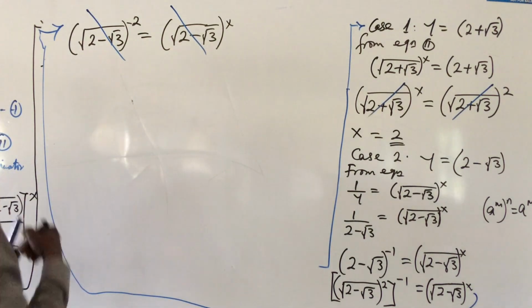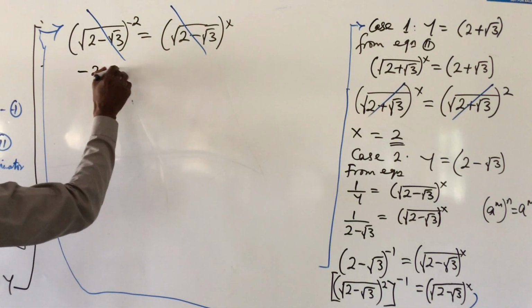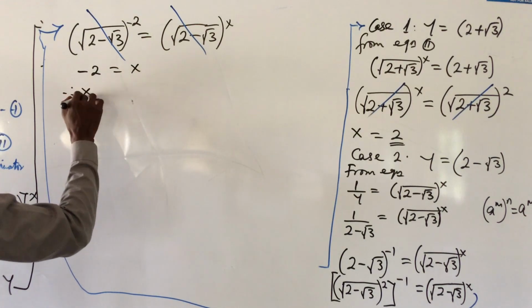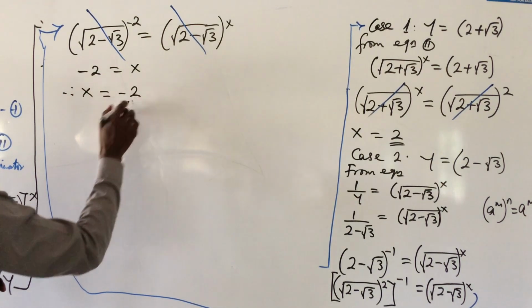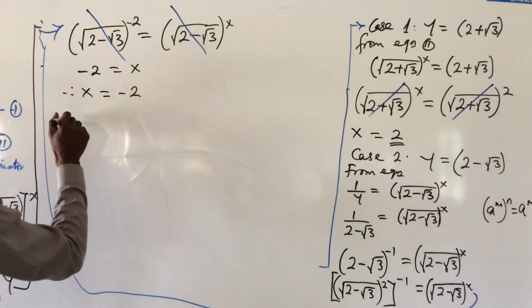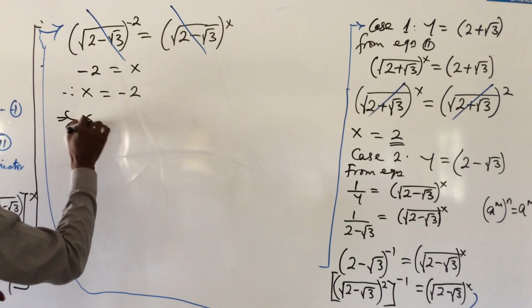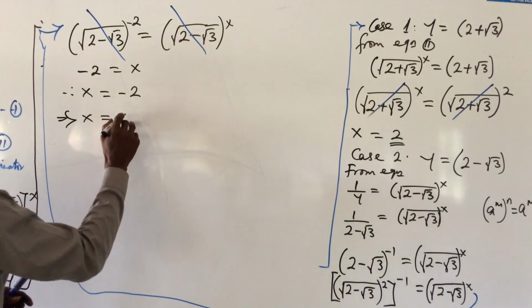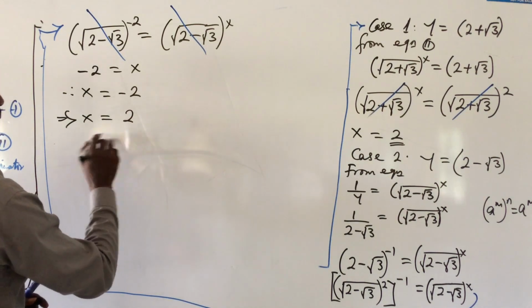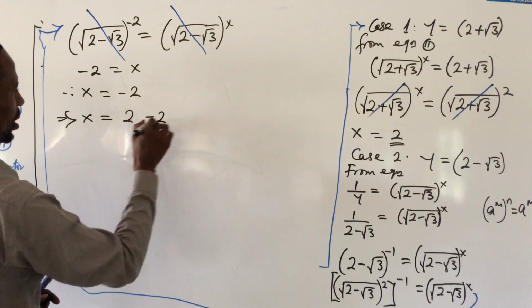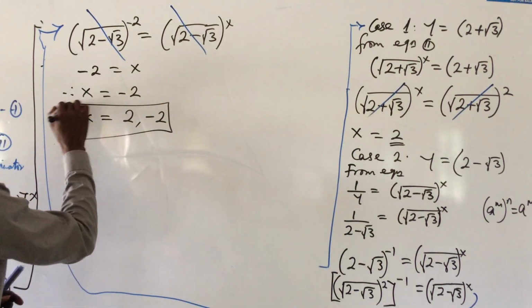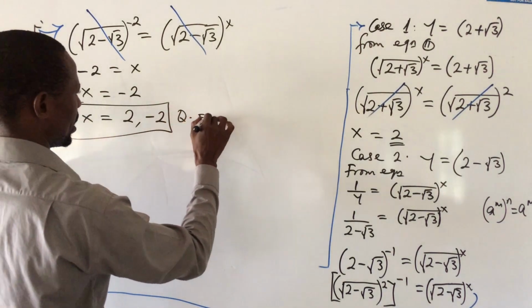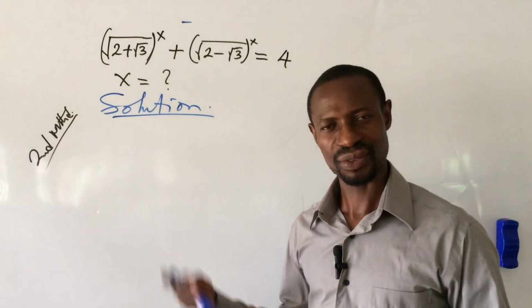If we do that, then we're going to have here −2 equals x. Therefore, our x is equal to −2. So the two values of x now imply that x is equal to positive 2 and also negative 2. QED.